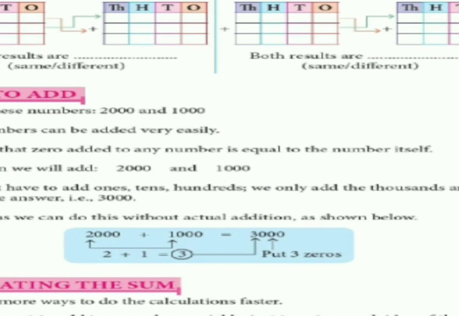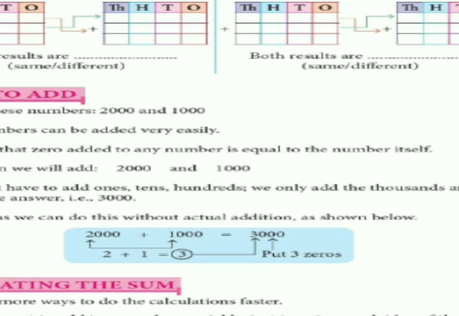Now this one is here, as you can see, look at these numbers, like 2000 and 1000. These numbers can be added very easily. We know that 0 added to any number is equal to the number itself. So when we add 2000 and 1000, we do not have to add ones, tens, hundreds.